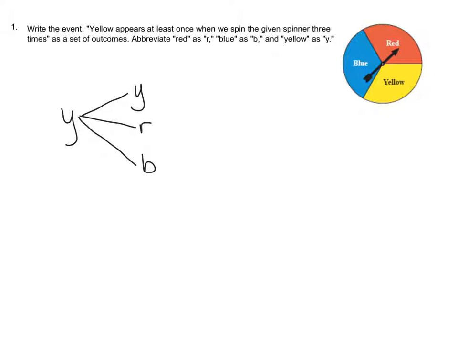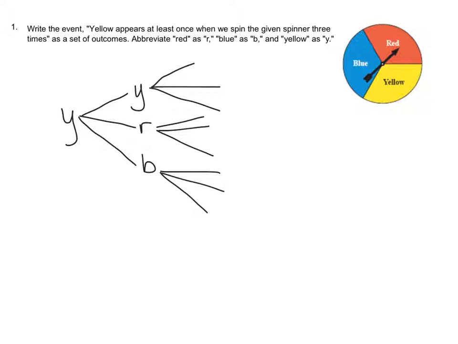Now the problem tells me that I'm spinning the spinner 3 times, so now I need to draw 3 branches from each outcome of my second spin to represent my third spin. So if we go to the yellow on my second spin, I'll have 3 choices for my third spin, which is a yellow, an R, and a B.